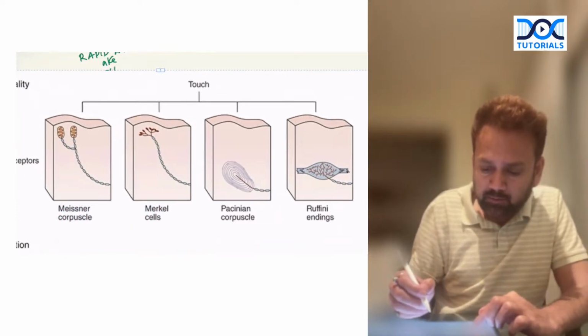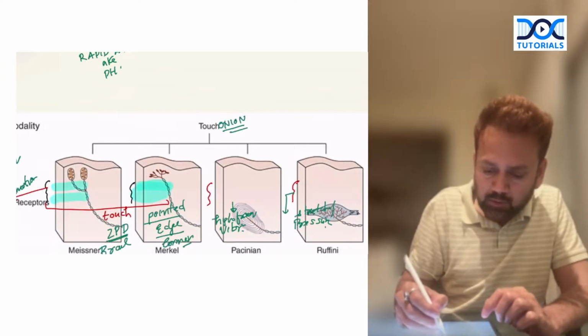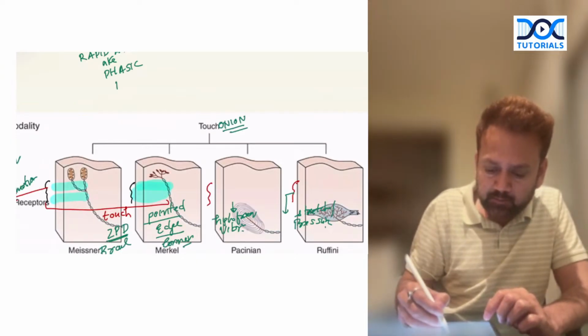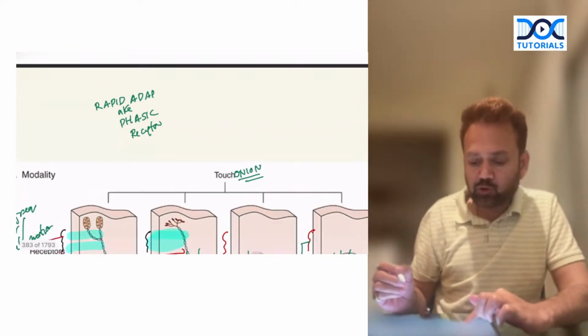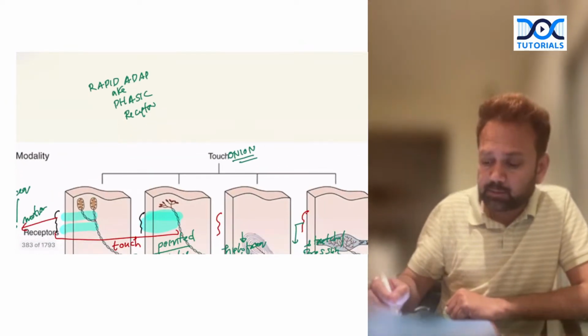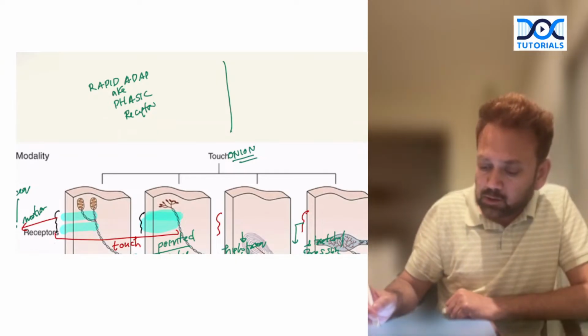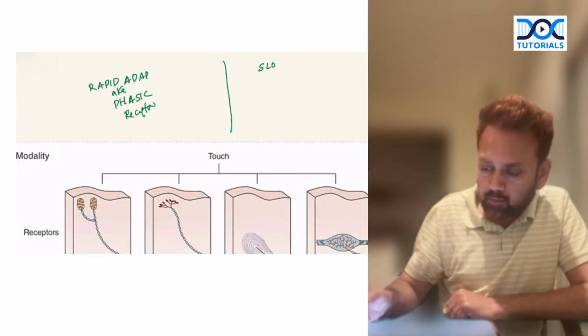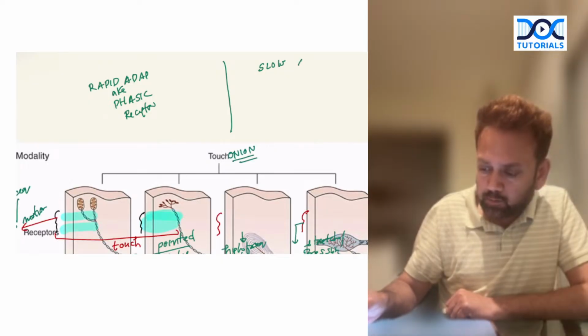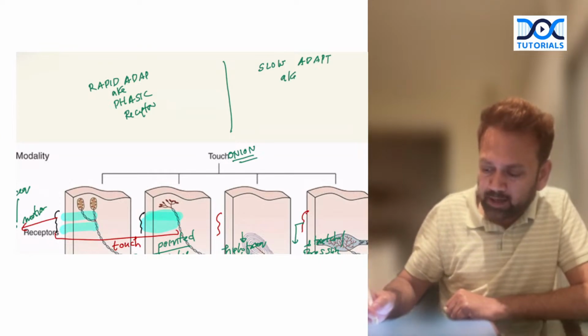The second variety is called slow adapting receptor, also called a tonic receptor.